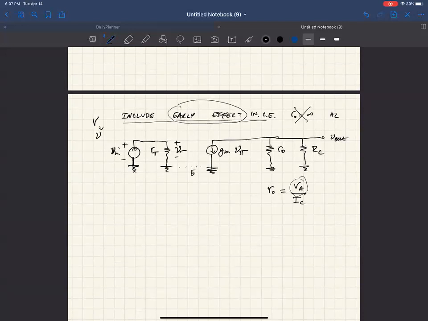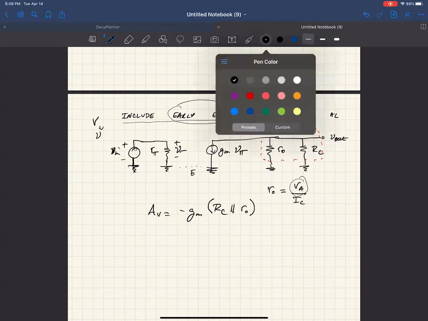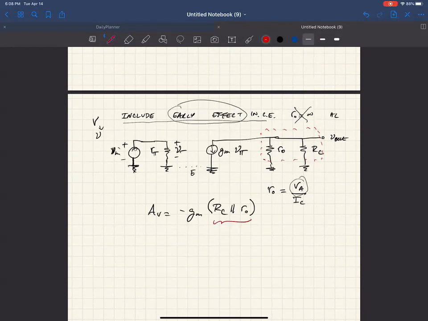Notice that these are just in parallel. So instead of the small signal gain being minus gm RC, it becomes minus gm times RC in parallel with R0. We call this the equivalent resistance of the output.